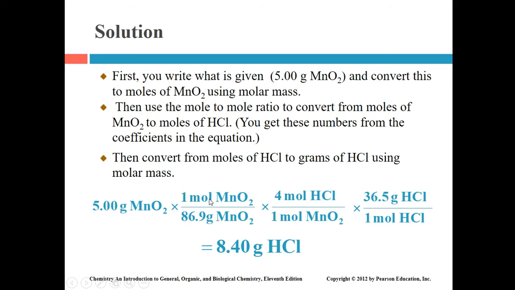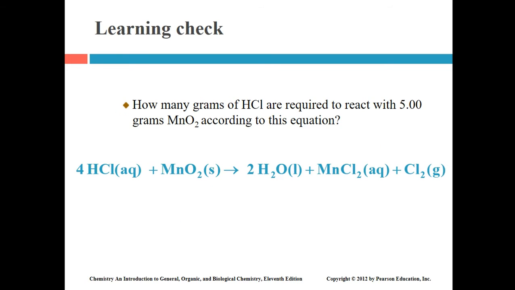Now, notice if we've only done step 2, we now are at moles of MnO2. We have to convert to moles of HCl by using our equation, and that MnO2 has no number in front of it, which means a 1, and there is a 4 in front of the HCl.